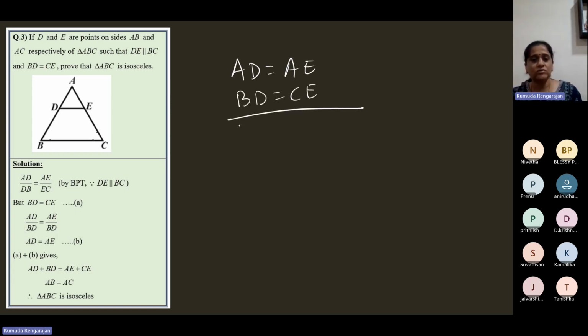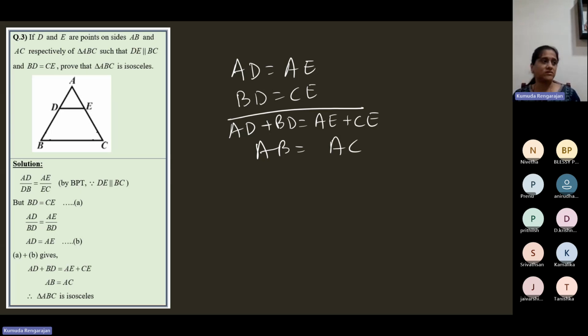So now see here, you have AD equals AE that we just got, and we also know BD equals CE. Add these two: AD plus BD equals AE plus CE. So what's AD plus BD? AB equals AC. AB equals AC means the triangle is isosceles.